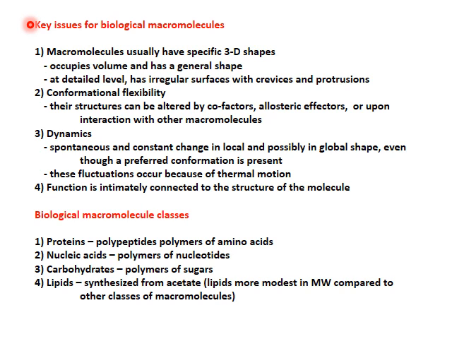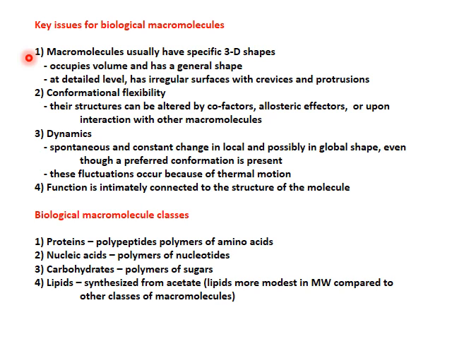So key issues for biological macromolecules. These will always be the case regardless of the class of macromolecules that we'll be studying. First is that macromolecules usually have specific 3D shapes. These molecules can get quite large, and there are thermodynamically favorable pathways in which these molecules can form stable three-dimensional structures.